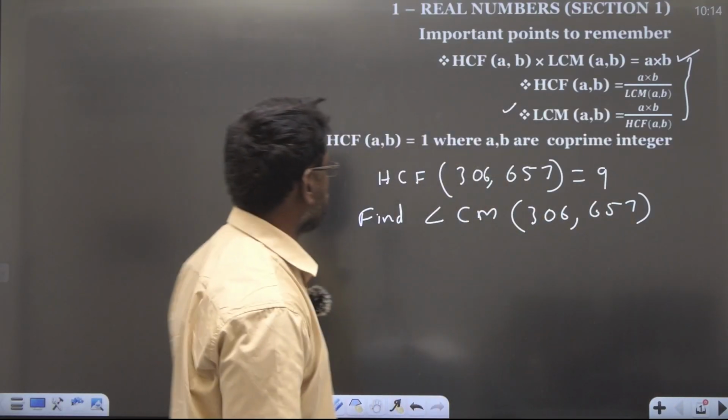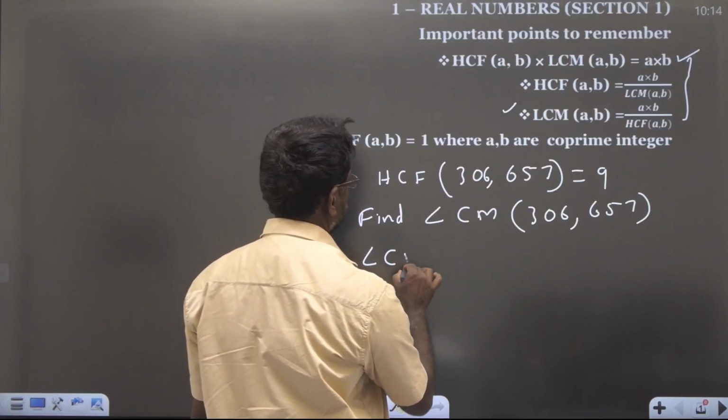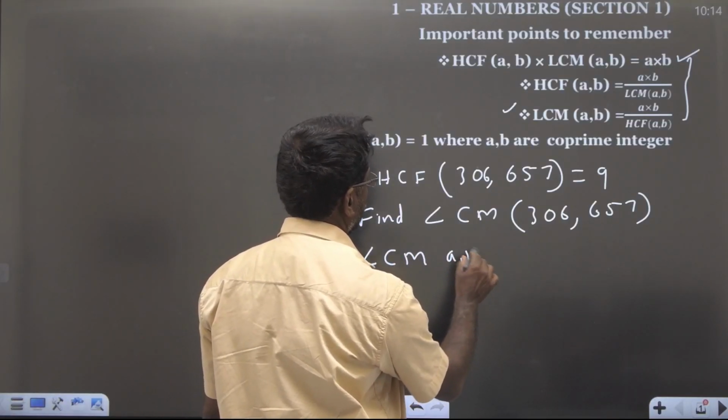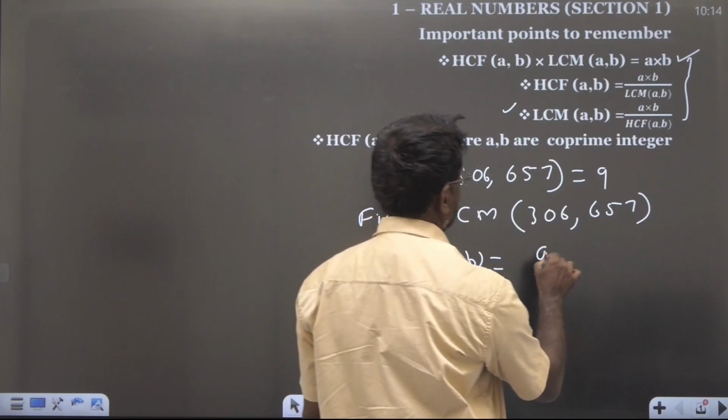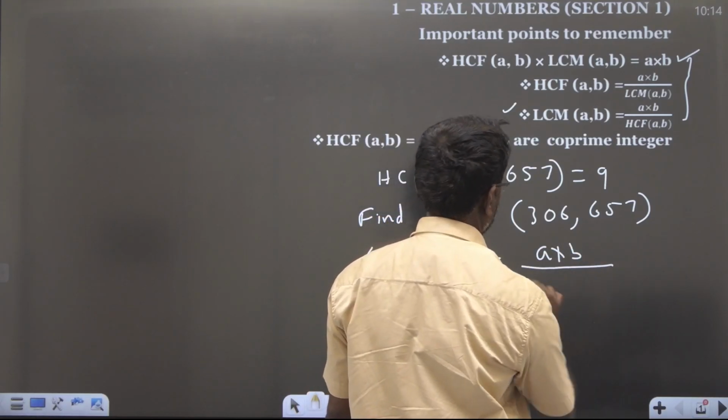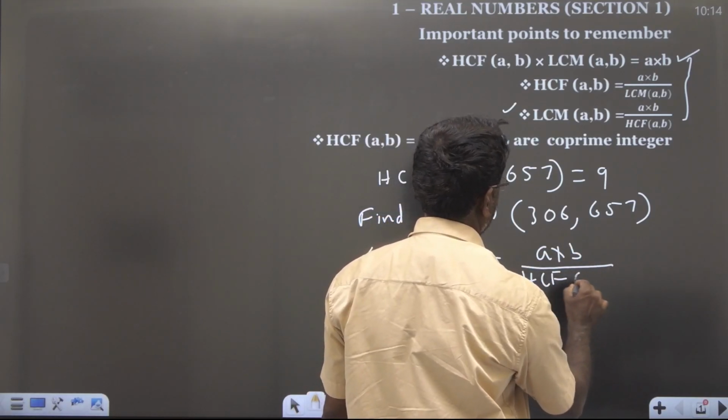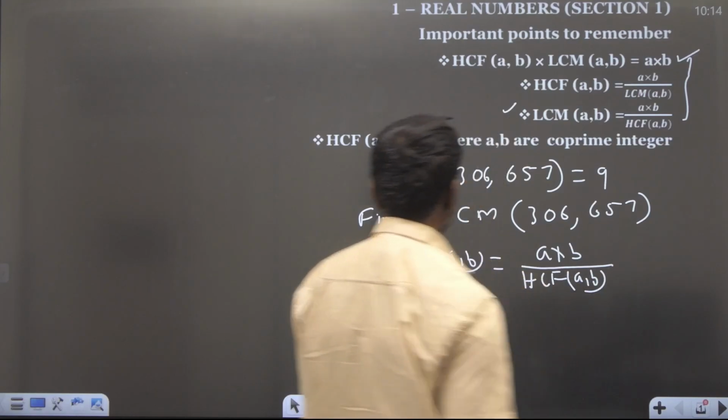What is LCM of A, B? LCM of A comma B is equal to A into B divided by HCF of A comma B. This is the formula.